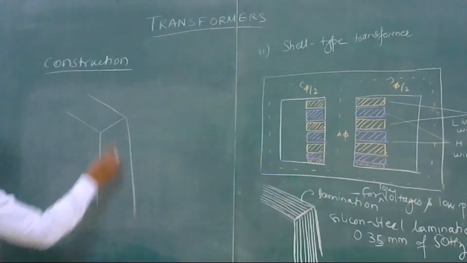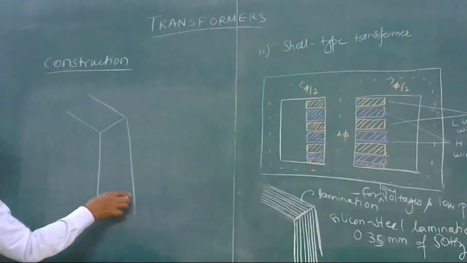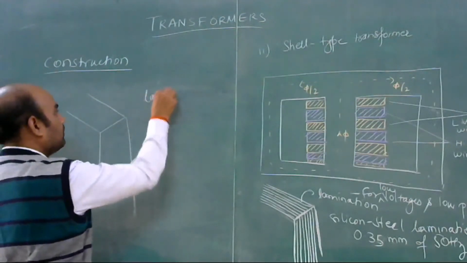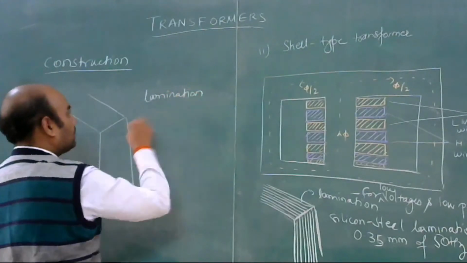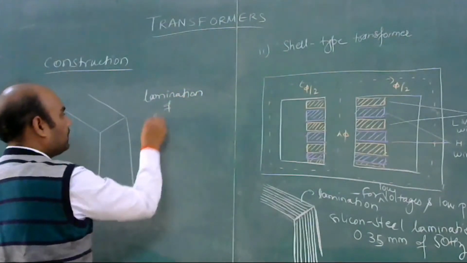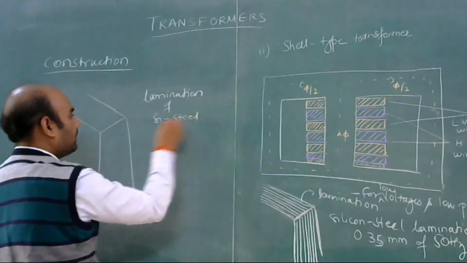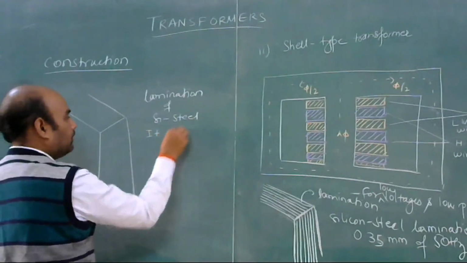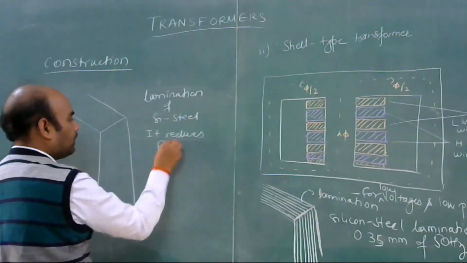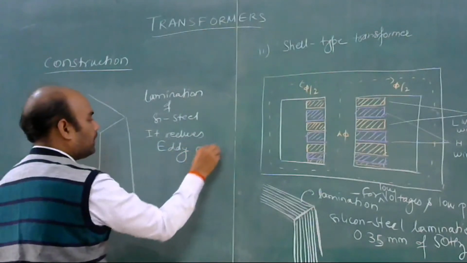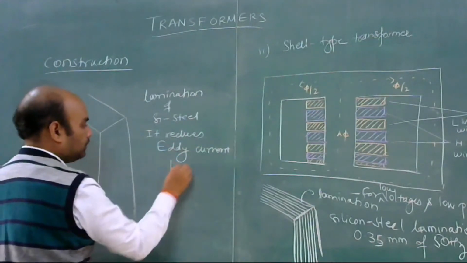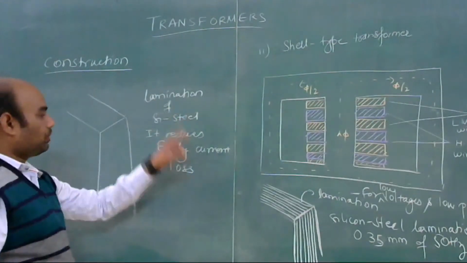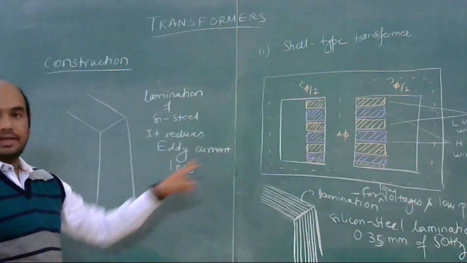If we use a single solid silicon steel core, it does not have lamination. Laminating the silicon steel reduces eddy current loss. So why do we use lamination of silicon steel here? To reduce eddy current loss.